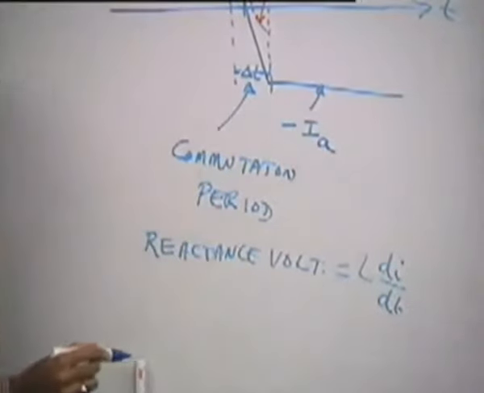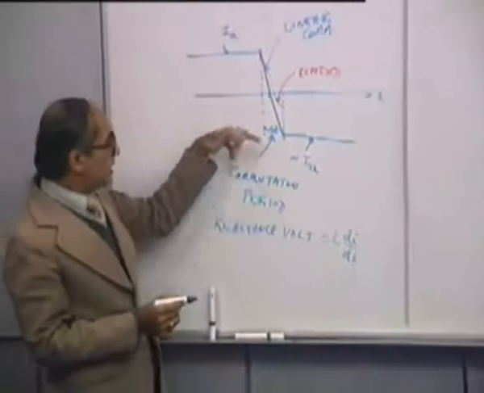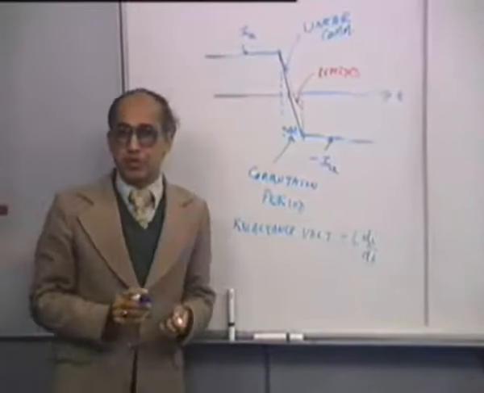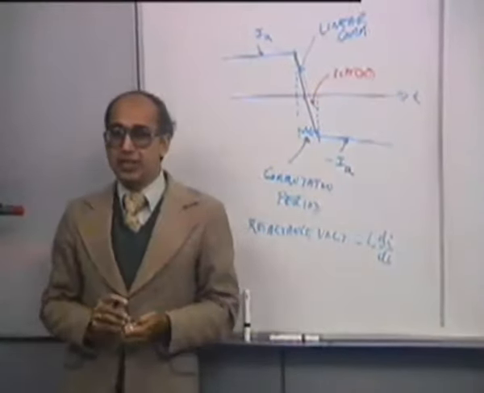There is an inductance in the coil, there is a current changing, and that voltage will be induced in such a way that it will oppose change of current. So obviously it will not be helping the linear commutation.